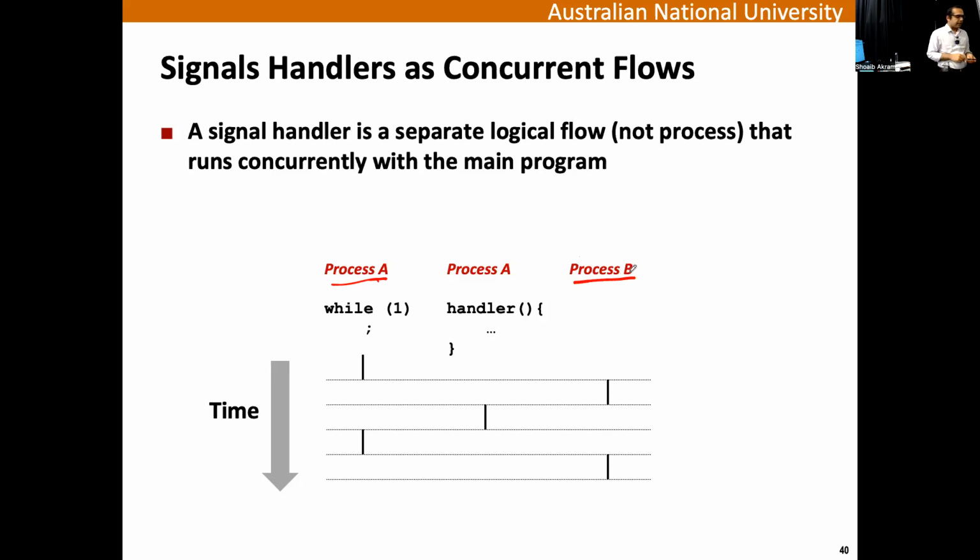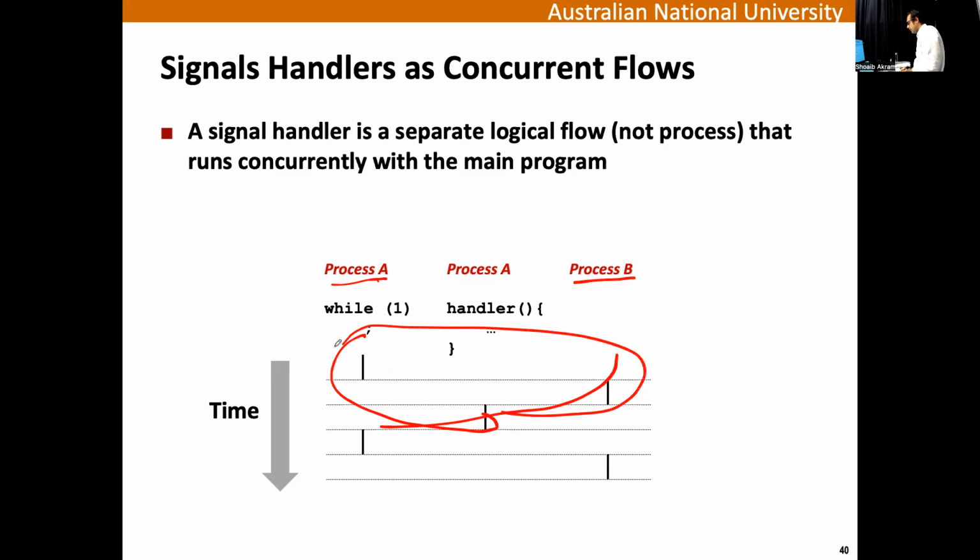They are concurrent, even though they don't execute simultaneously, because probably there's only one CPU in this graph. And so either process A runs or process B runs. But they haven't terminated. Process A hasn't terminated after process B has begun execution. Their execution is overlapping in time here.